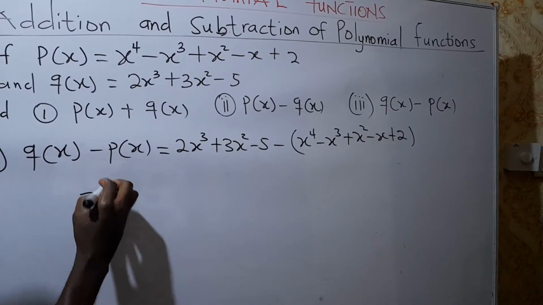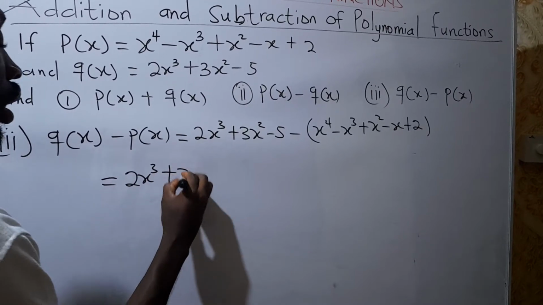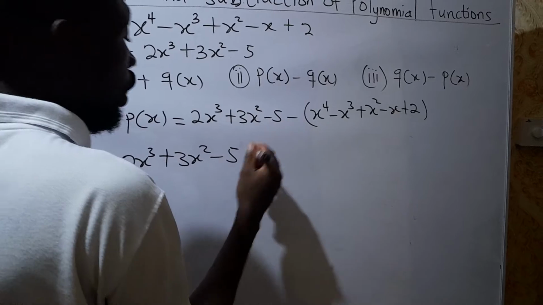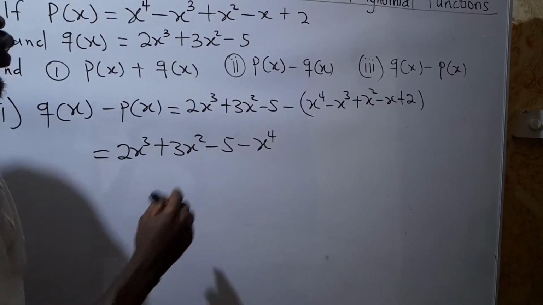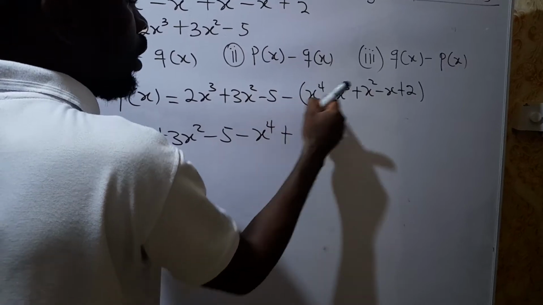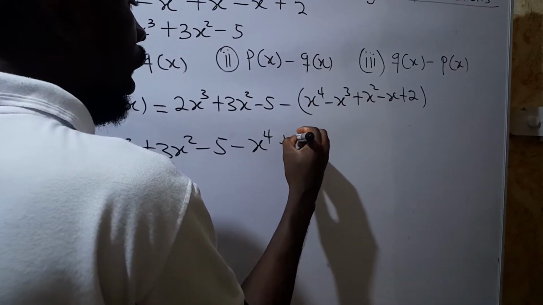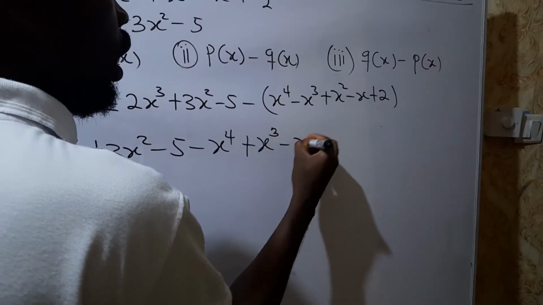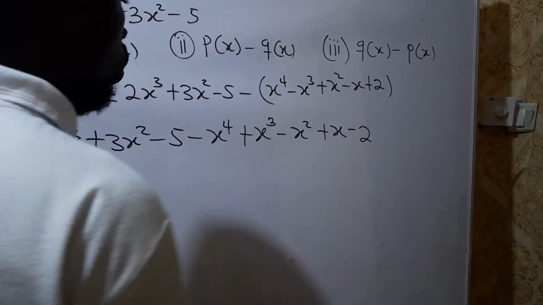What are we having? We have 2x cubed plus 3x squared minus 5, and the negative will affect everything there. So I have minus x exponent 4, and this will be plus, since a negative times this negative will give us positive. So plus x cubed, and this will be minus x squared, and plus x minus 2.